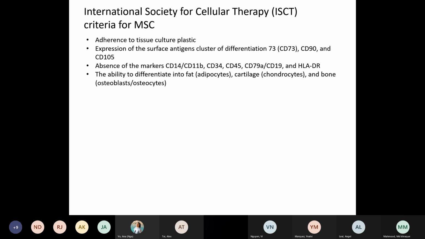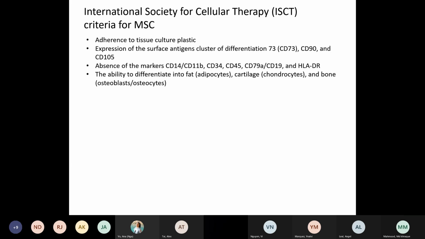Apparently, the CD markers that must be absent from the stem cell are markers that are associated with different lineages. They're lineage markers. So these markers must be absent, while at the same time, you must have CD73, CD90, and CD105.